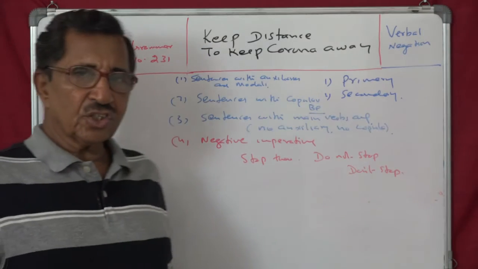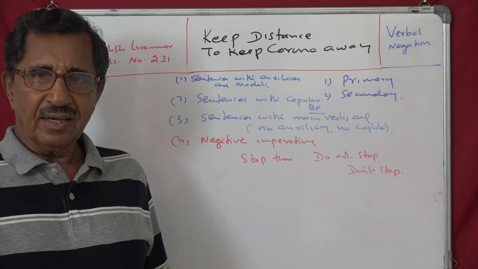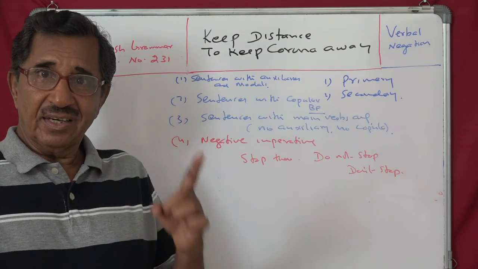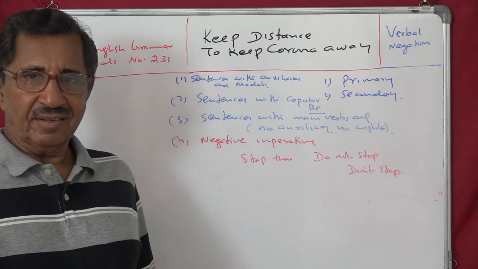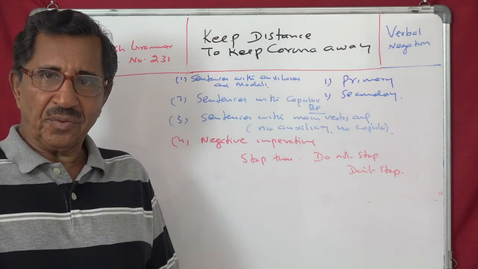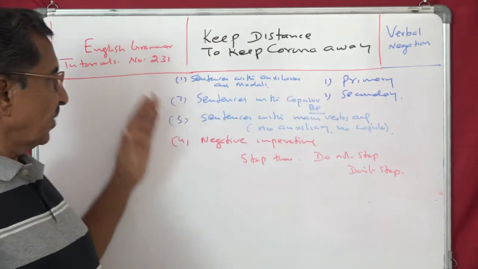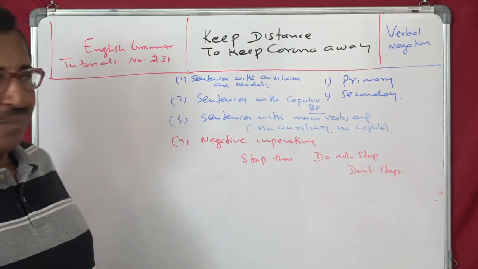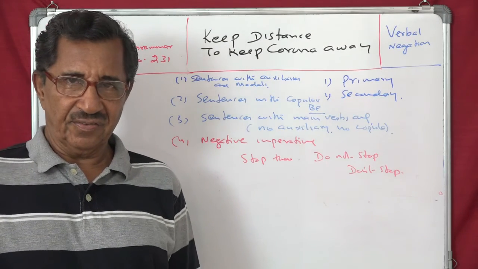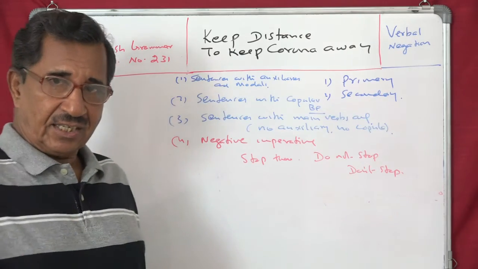Negative imperatives: stop there, do not stop there, don't stop there. Run from here, do not run from here, don't run from here. Stop talking, do not stop talking, don't stop talking. So these are four different forms of primary verbal negation.